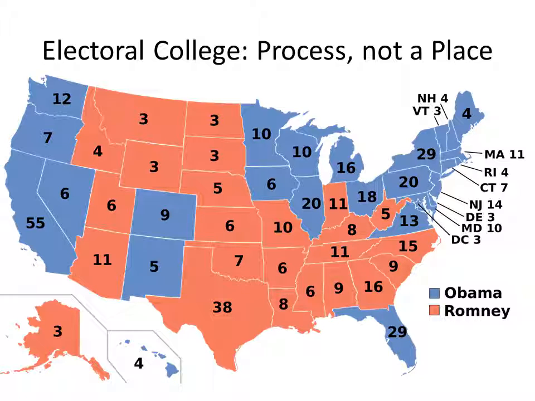That almost never happens. So basically, each district votes for an Electoral College representative, and those representatives then vote in total in the Electoral College in December. This map is from the 2012 election when Obama ran against Romney as the Republican candidate.